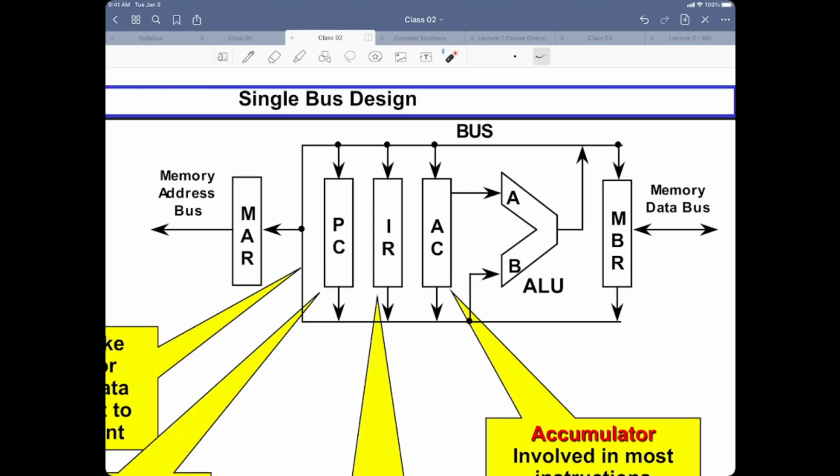Some place where you hold certain intermediate results of your program. You use the accumulator for that. Right now, we are showing only one accumulator, but in reality, there are many accumulators because your program will be very complex, so you will need to store multiple intermediate results. But that's what it is for. Accumulator is for temporary storage. What is the size of the accumulator?